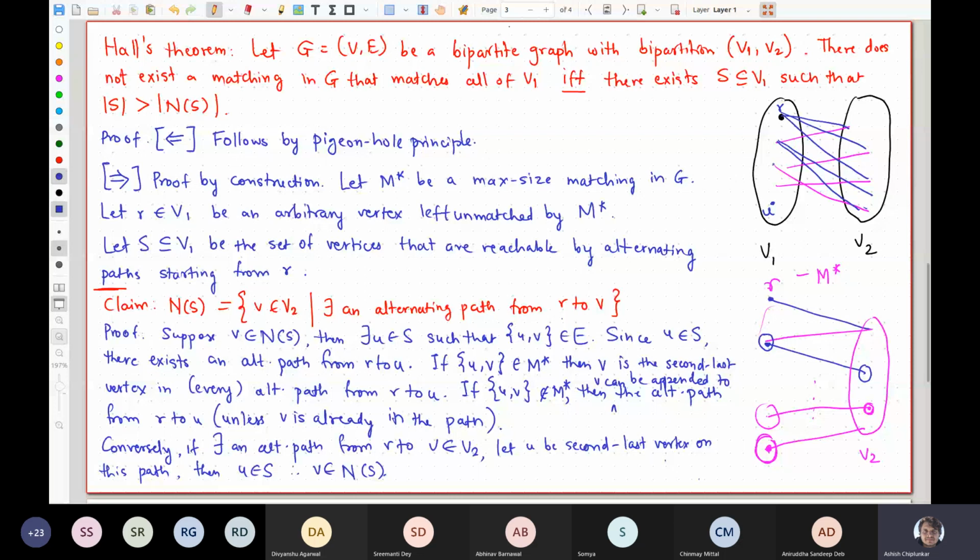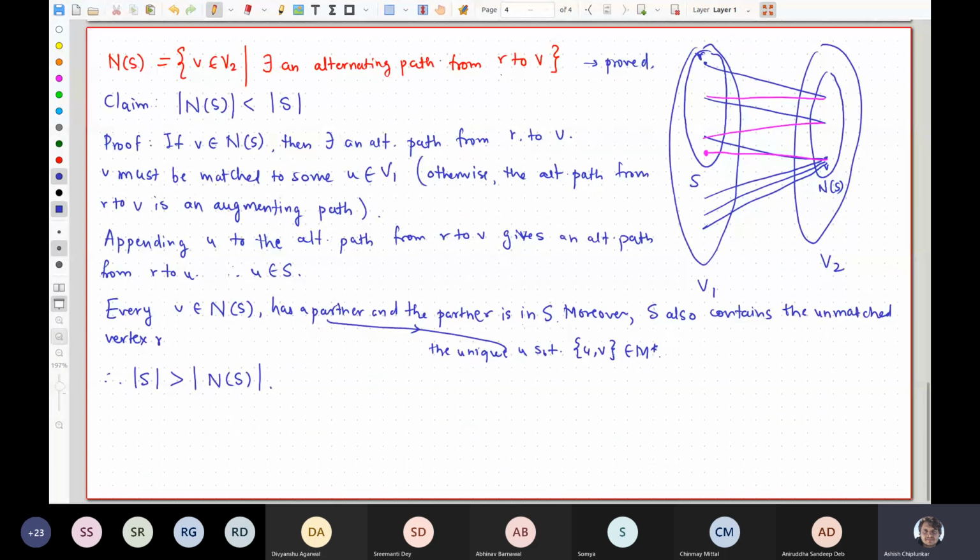Yeah, it was a bit involved proof, I believe. Let me clarify here. We claim the size of S is greater than the size of NS. Yeah, and this result is called Hall's theorem.